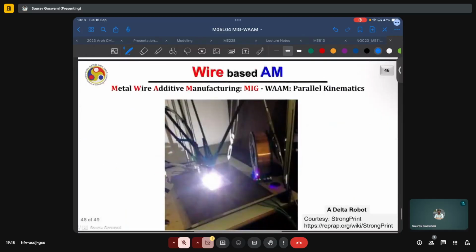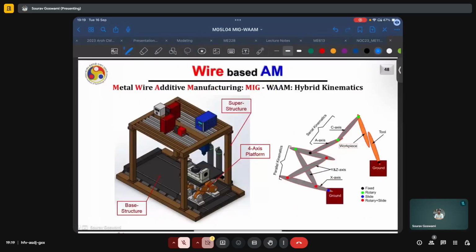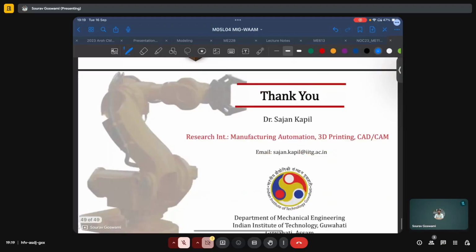And here we have an example of a MIG WAAM machine incorporating parallel kinematics by the use of a delta robot. Similarly, hybrid kinematics can be used, and here we have a computer model of such a proposed machine.